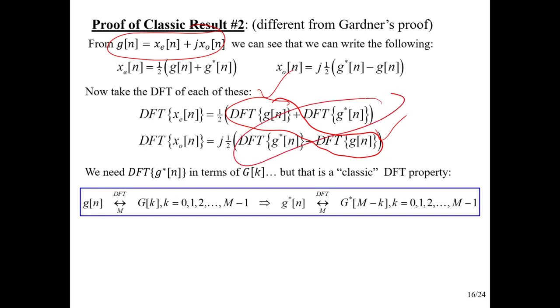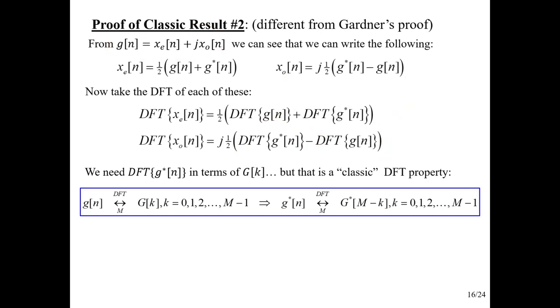Do I have these? Well, there is a result. This is a classic DFT property. Just look in any classic DSP book, you'll find it. There will be a chapter in there on DFTs, and there will be something about DFT properties, and this is one of the things that will be in there. So if G of K is the DFT of G of N, what is the DFT of G star of N?